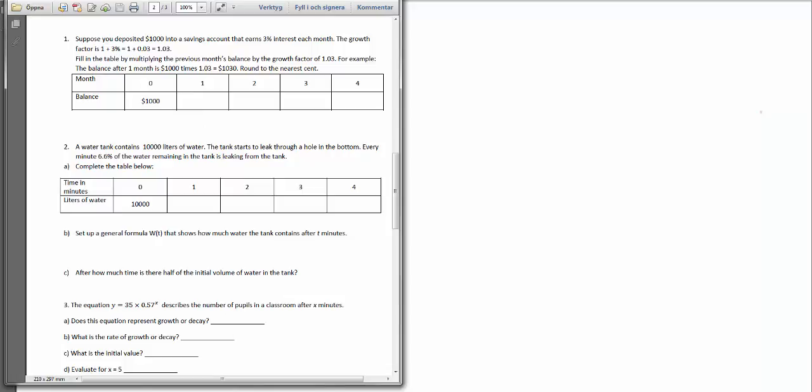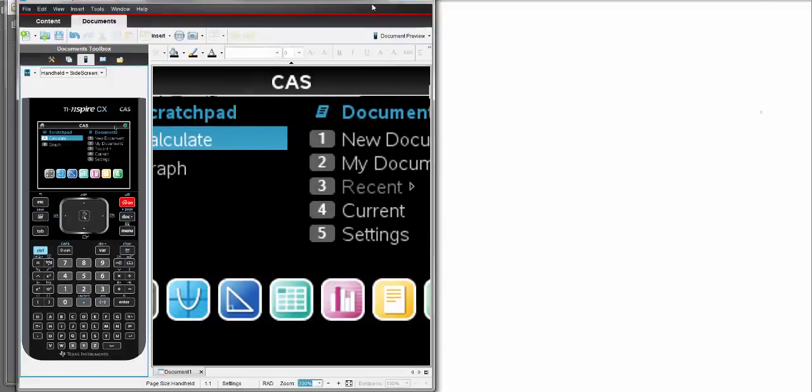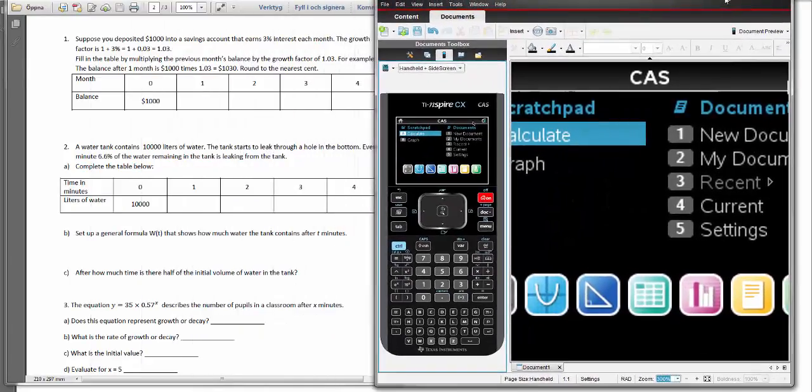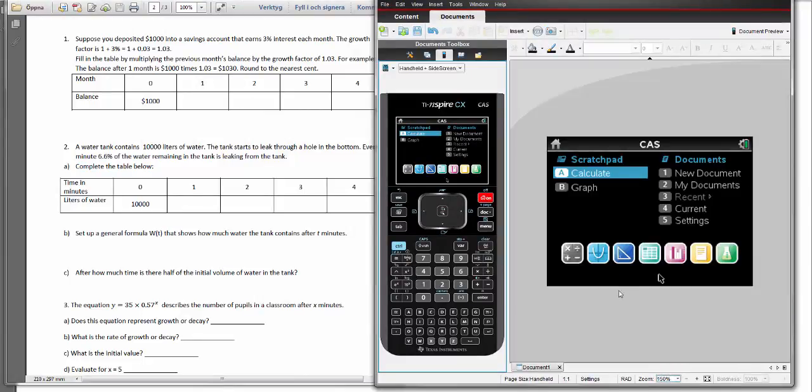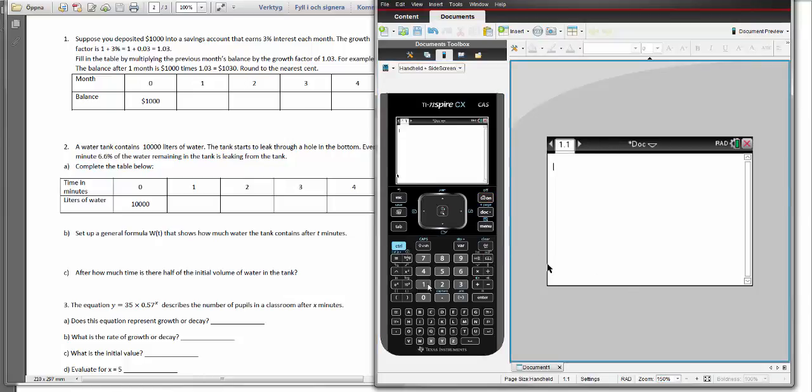So what we do is we just get the calculator. We can minimize it, put it over here. So first of all, we have to understand that the factor was 1.03. It's 100% plus 3% times the amount, 1,000.